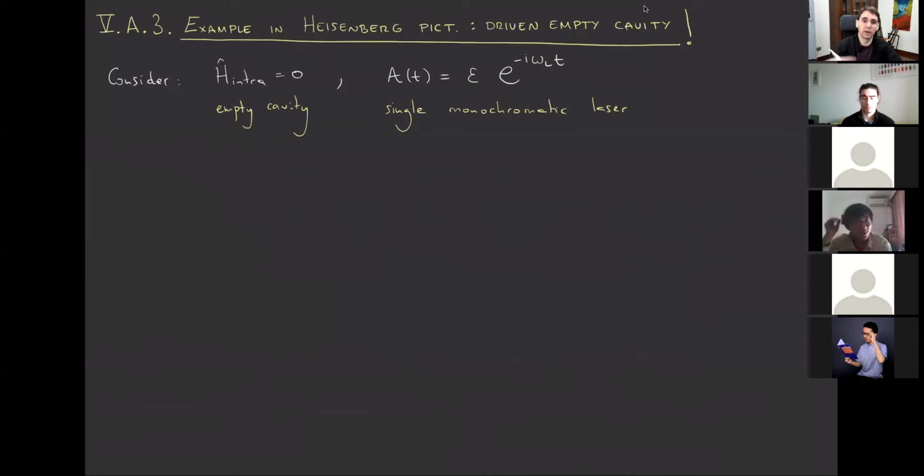This is the kind of situation we are going to study first. We are driving an empty cavity, and let's see what state the cavity reaches. Let me make a couple of remarks. First of all, because the equations of motion are linear, the quantum Langevin equation is linear because there is no intracavity process, and we start with Gaussian states in the external field.